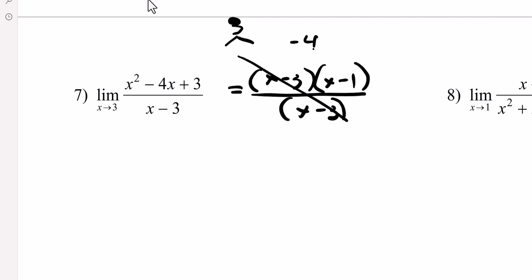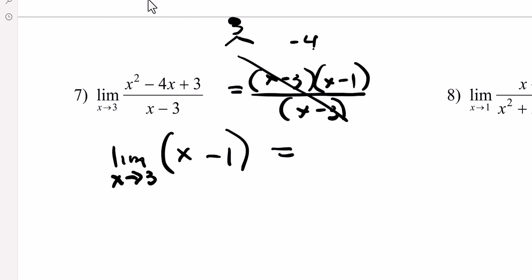That also means there will be a hole in the graph. But then you're going to show me this. And now when you plug 3 in there, 3 subtract 1, we're at a height of 2. This is the work that you'd show me on that.